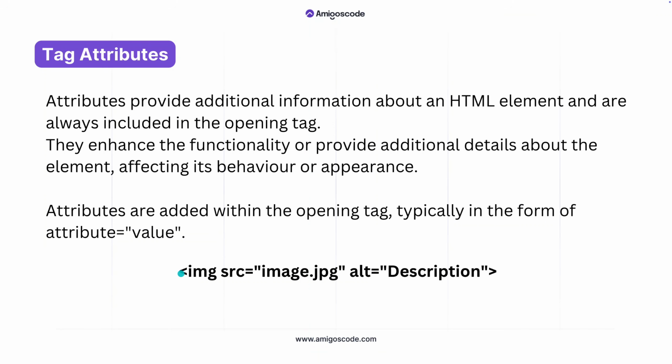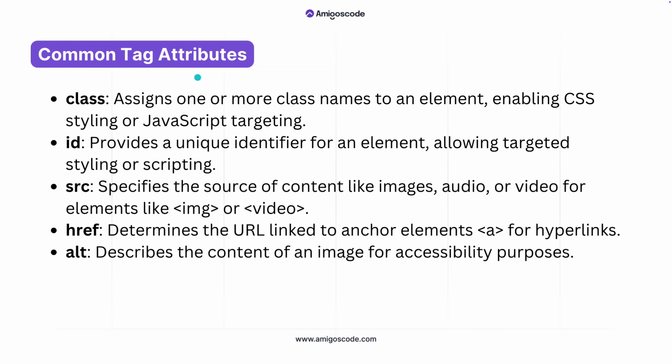So this is the image tag. So you basically say img, and then this right here is the attribute. So src equals, and this is the data that we pass, and then alt equals, and then here this is the text in case the image does not load.